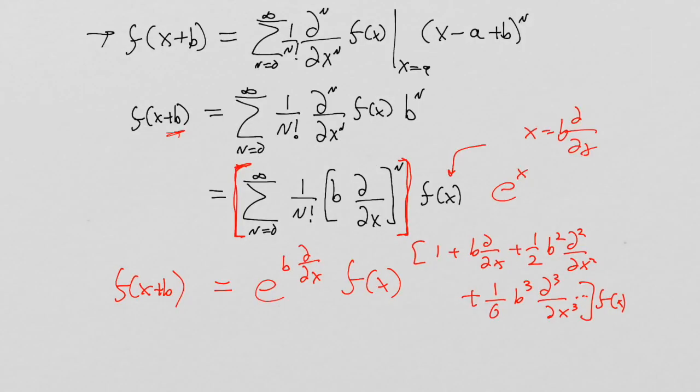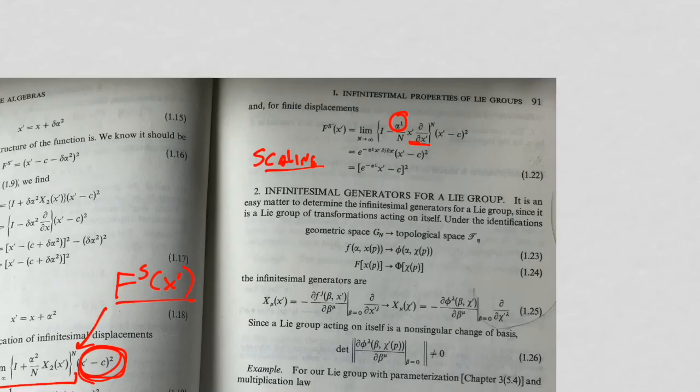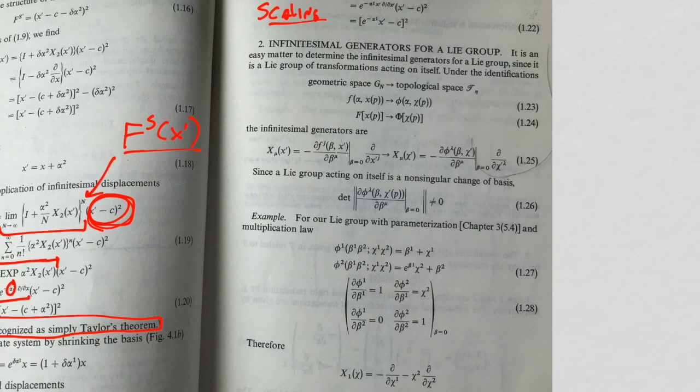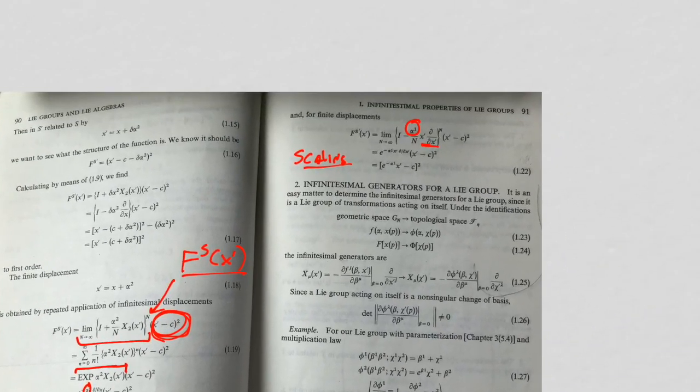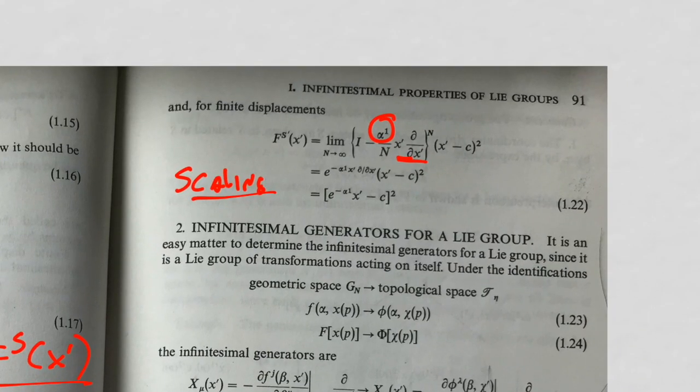Okay, let's see if this marries up with what he did here for these displacements. So he does it right here. His scaling is done up here, and we know this is the x. Oh shoot, this is so fat.